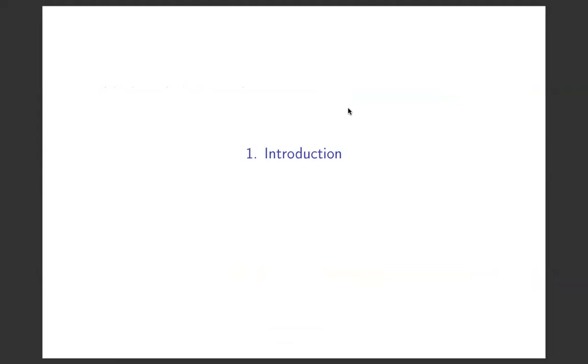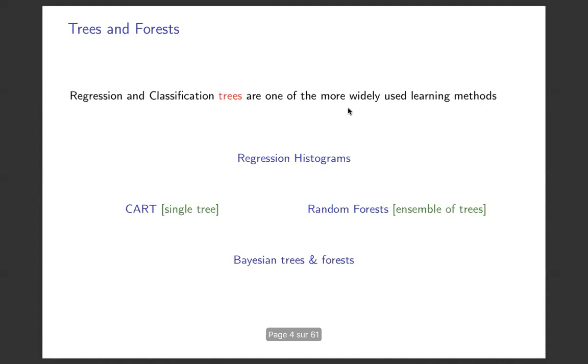And maybe let's start by just saying that when one has an algorithm at hand and one wants to compare it to others, natural benchmarks are always tree or forest estimators, like random forests, for instance, either frequentists or Bayesians. And those have been very popular, at least since the introduction of CART.